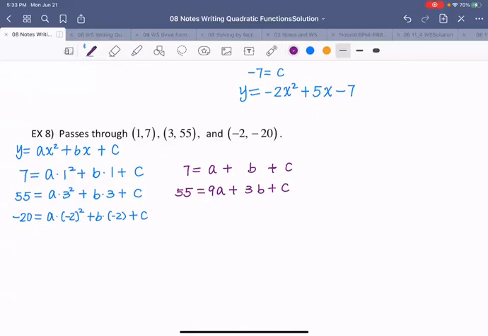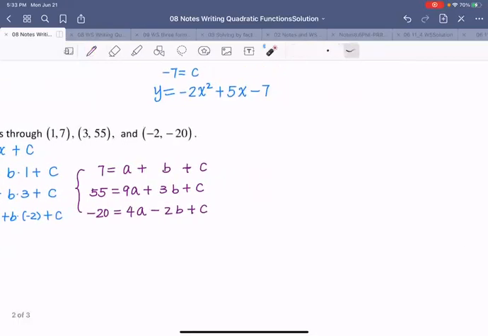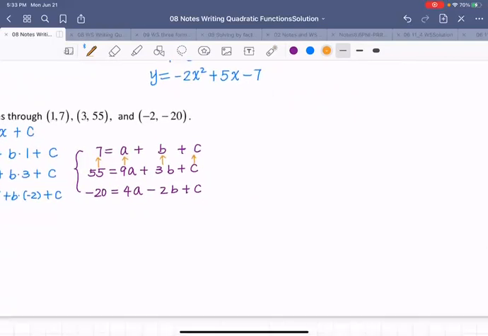And the last one is negative 20 is equal to 4a minus 2b plus c. Very good. Now, let's do this direction. We do the minus, okay? Go ahead. 48 is equal to 8a plus 2b.